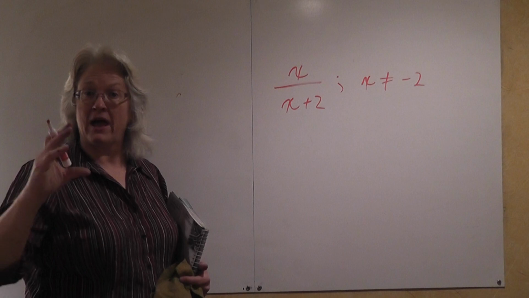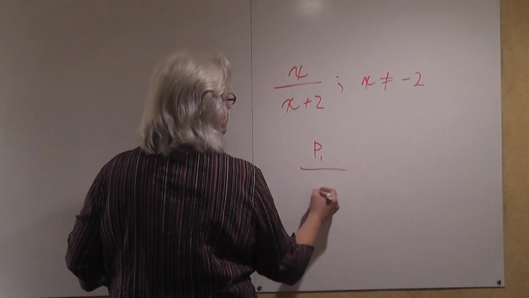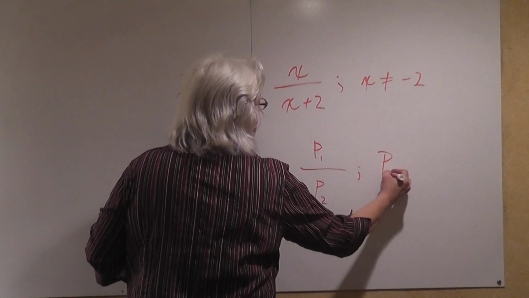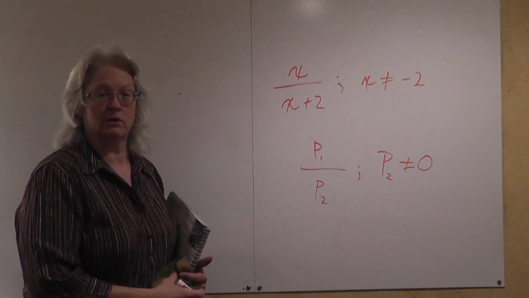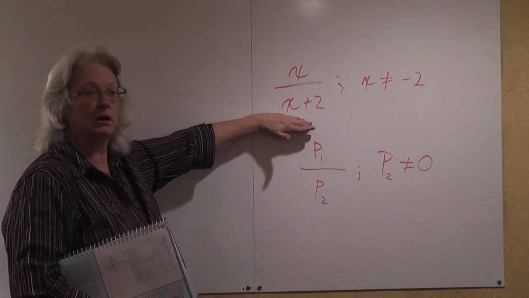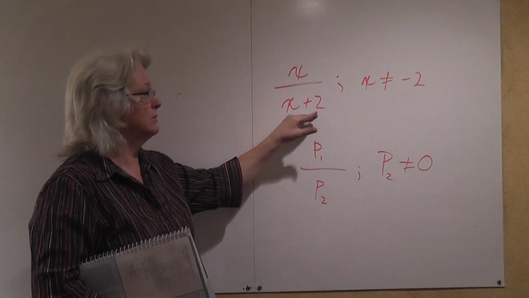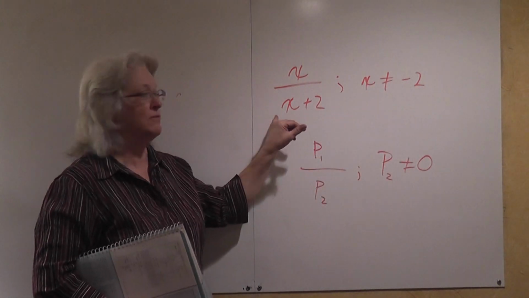Remember our pattern for the rational expression said one polynomial divided by a second polynomial, but the second polynomial could not be equal to 0.